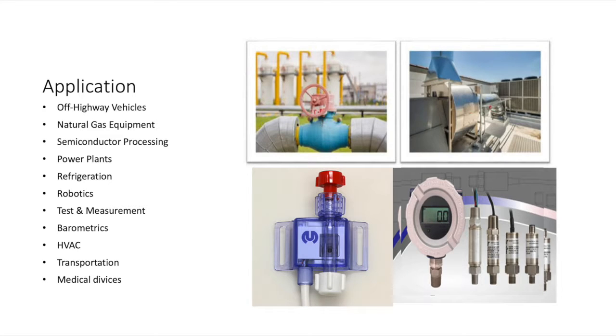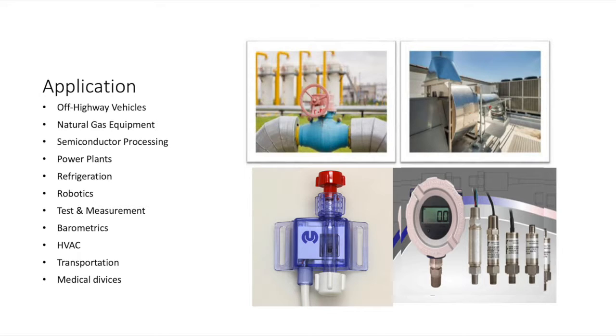Pressure transducers are used in various applications. The first one is off-highway vehicles, for example, load weighing systems and load moment indicating. Next is natural gas equipment, for example, compressor and dispensing equipment.